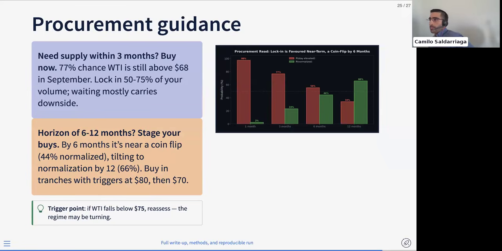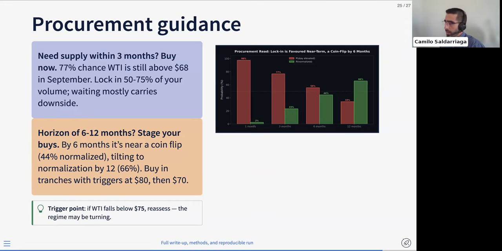And as I mentioned, this can provide you very useful insights for procurement processes. Do you need to buy within the next 3 months? According to our predictions, now is not a bad idea, because there's a 17% chance that the price will still be above 60.80 for September.